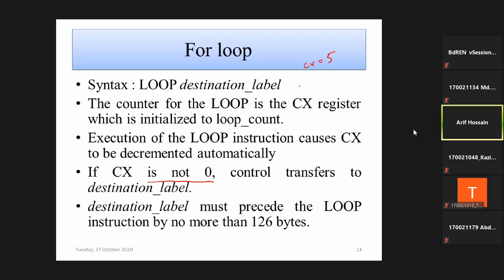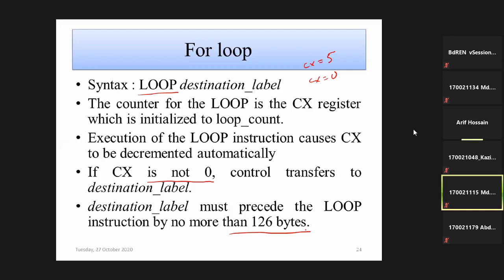After executing this loop instruction 5 times, your CX will automatically become 0, and then your control will not be transferred to the destination label. It will go to the next one. Also, this condition is there: it cannot precede or follow by more than 126 bytes. Actually, it is precede, because the destination label must come before the loop command. If it comes after the loop command, then there is no way to call the loop again.